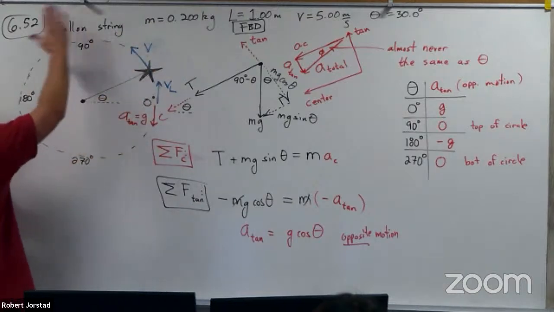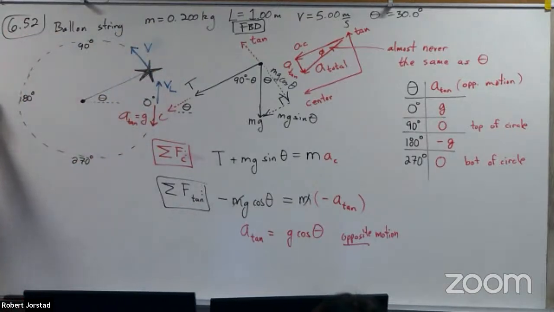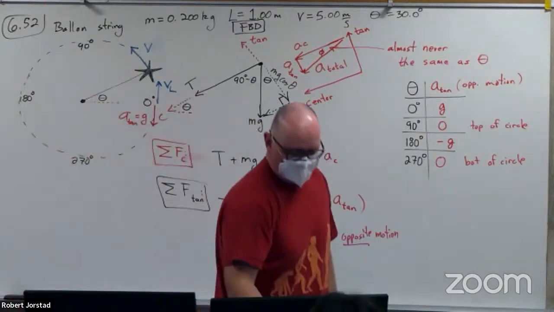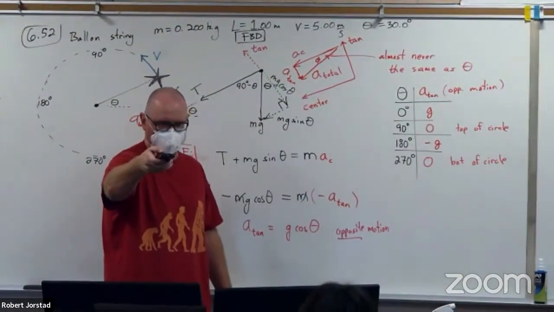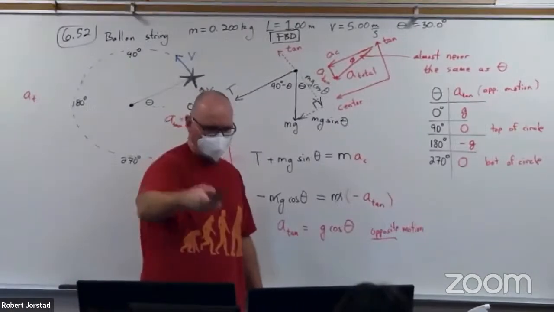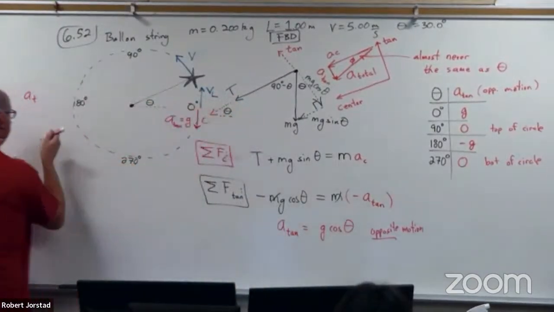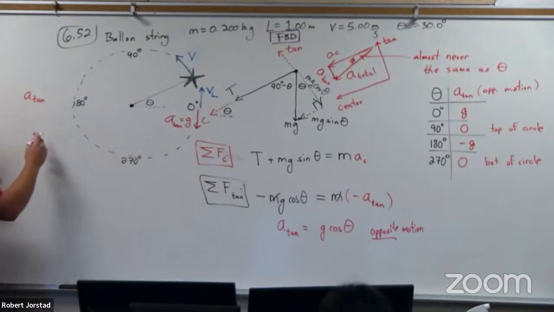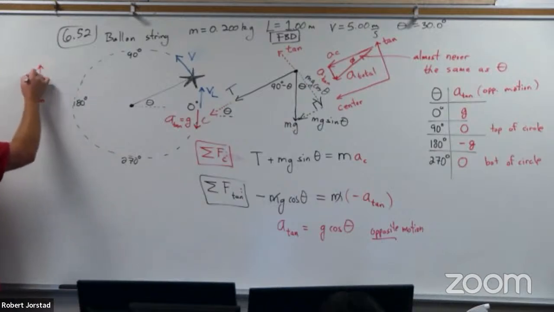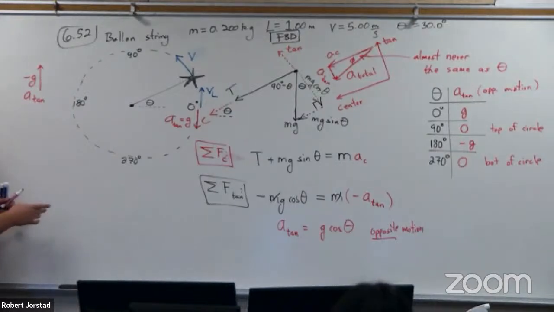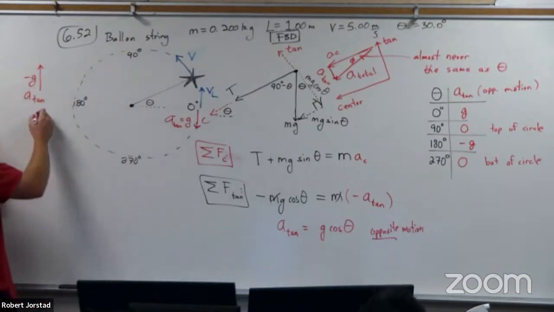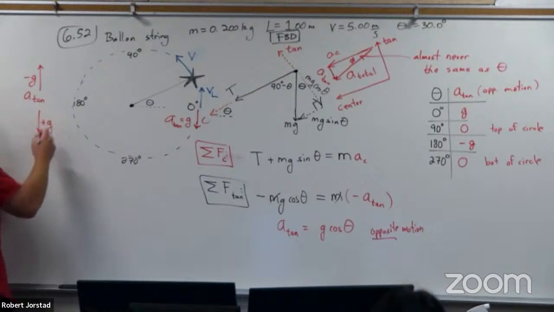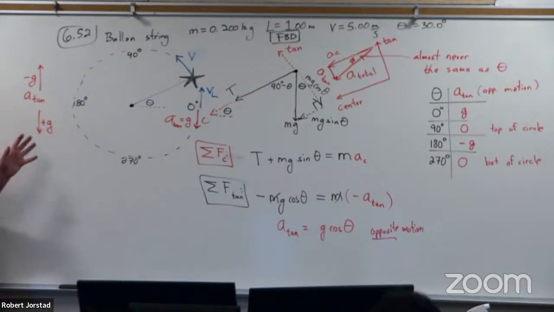Now, when we rotate the coordinate system, over here, A tan is negative g upwards, right? Think about it. We're saying opposite the motion with value negative g, that's the same thing as positive g downwards. Agreed? Oh my gosh, this works, but this is kind of confusing in my opinion.